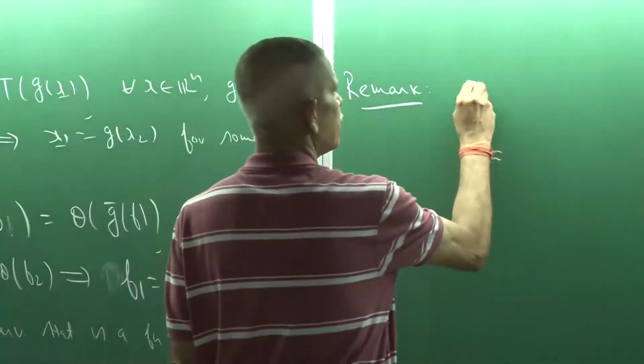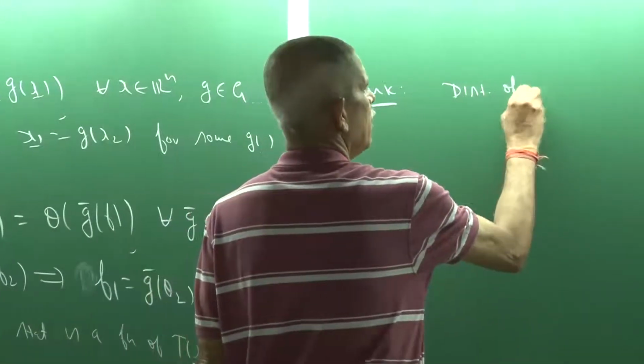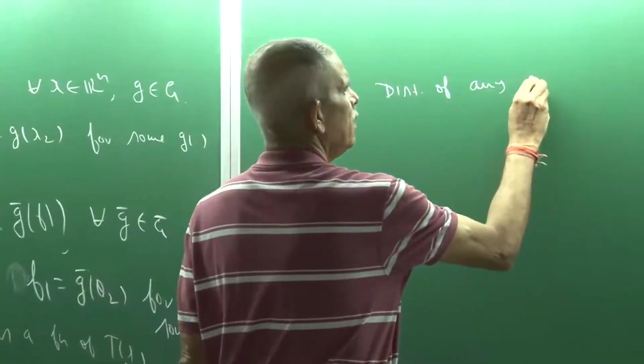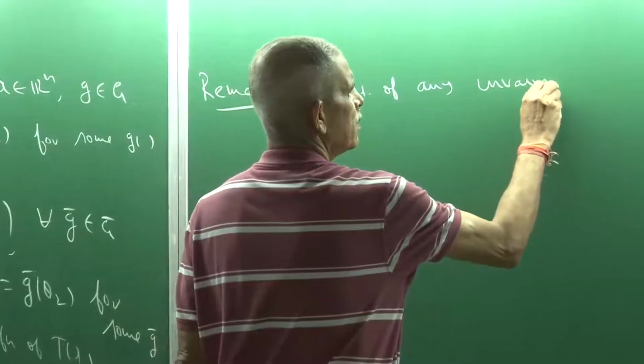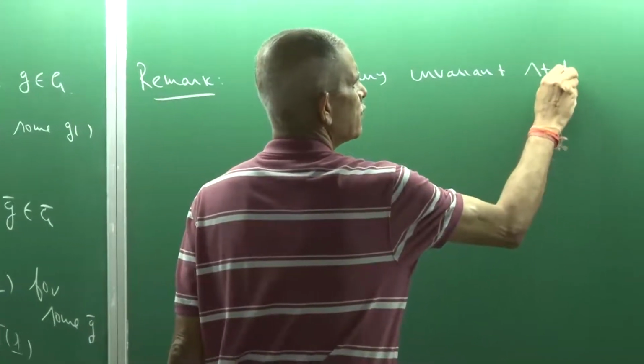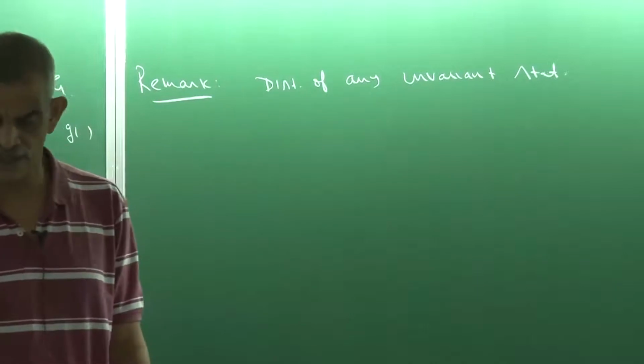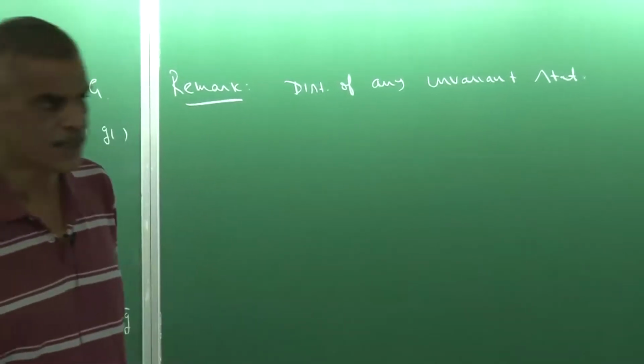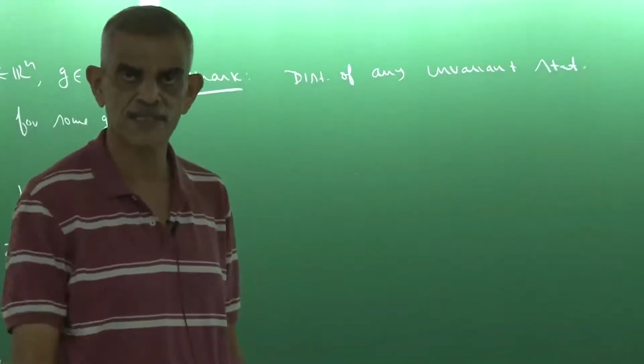Distribution of any invariant statistic. So, in particular the invariant test, because an invariant test is an invariant statistic, phi of gx is the same as phi of x.